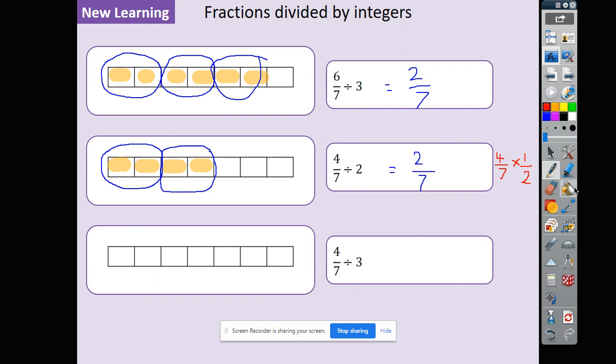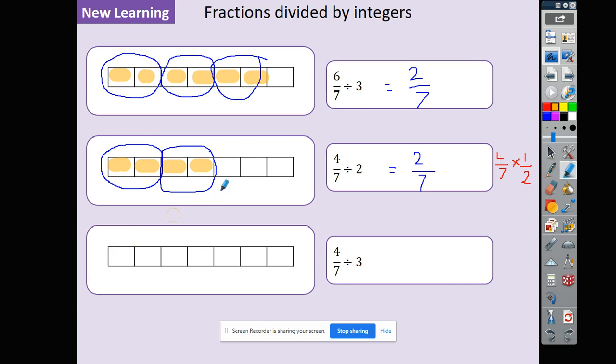So now this last one, were you spotting anything? Well, what you should have noticed is here we were doing 6 divided by 3. Now we can divide 6 by 3 quite easily and still get a nice round number. But here we're doing 4 divided by 3, so this is going to make it a little bit more difficult for us. So there is definitely going to be another step involved in this.